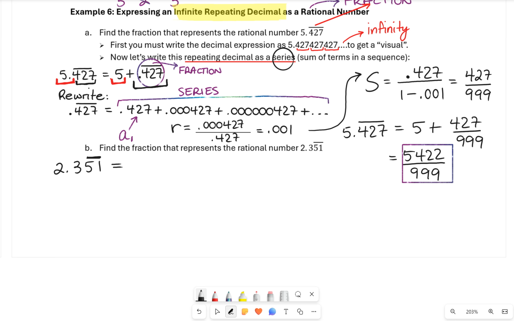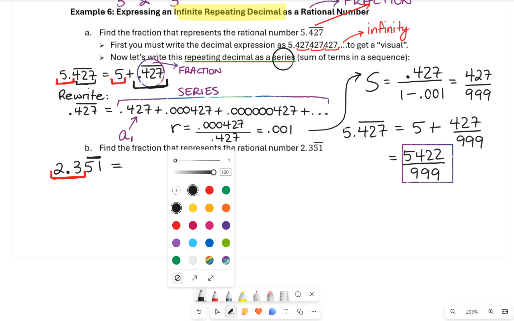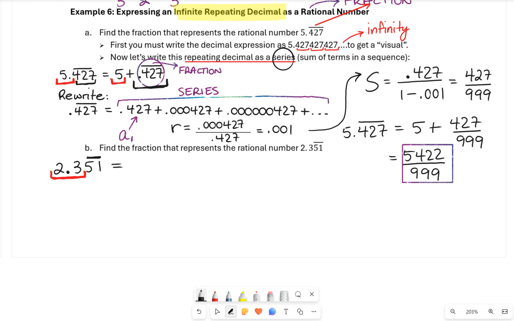So you do the same thing here. The non-repeating part is 2.3. So I have to write 2.3 plus what's going to be the repeating part.